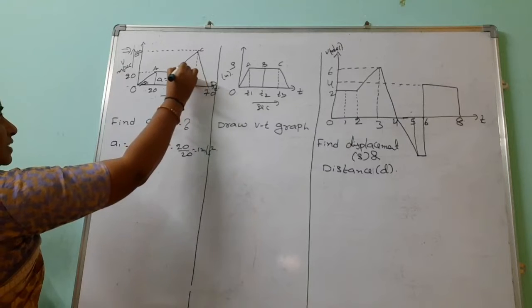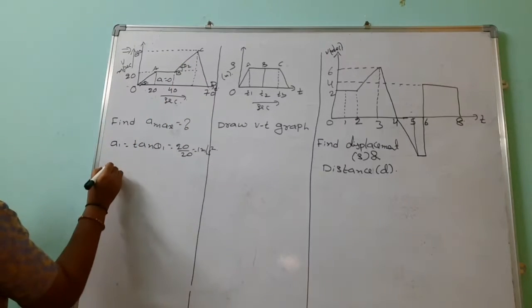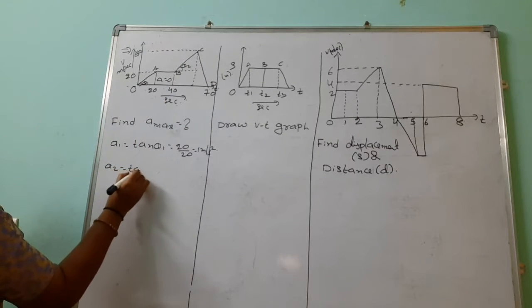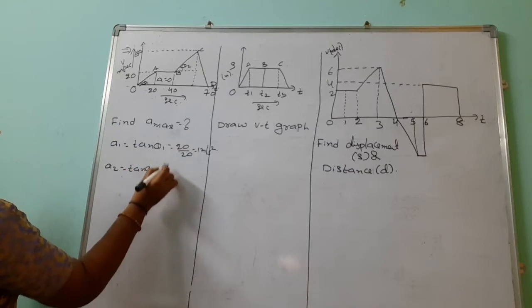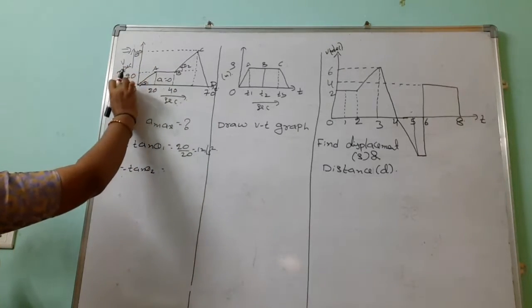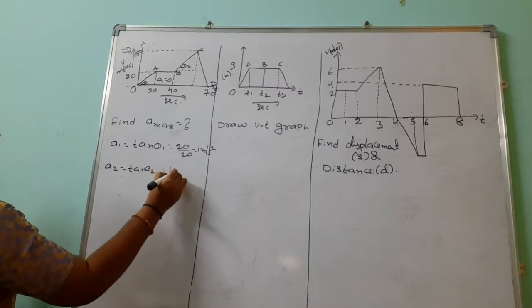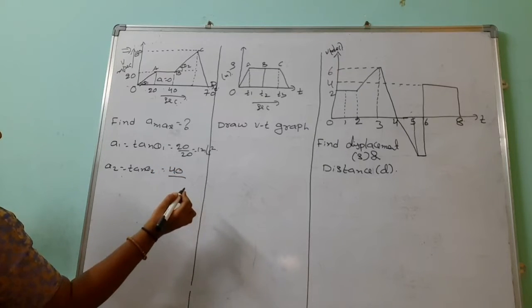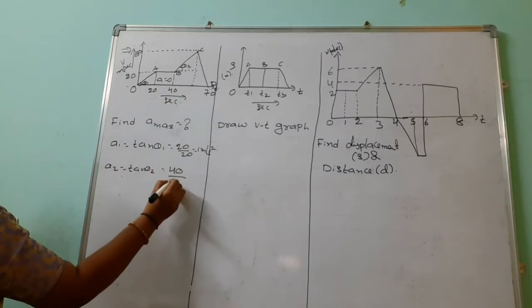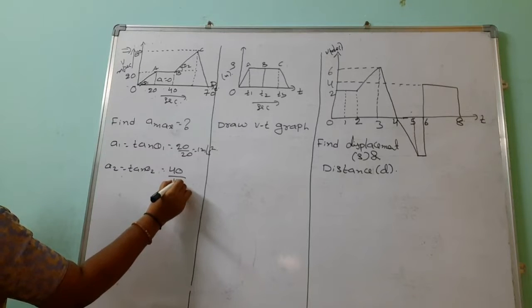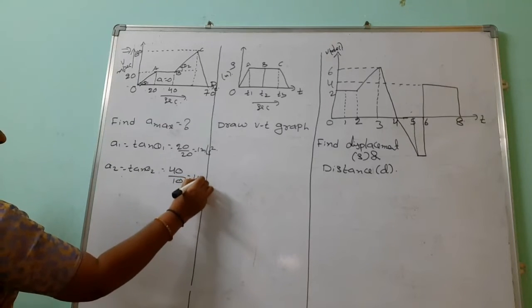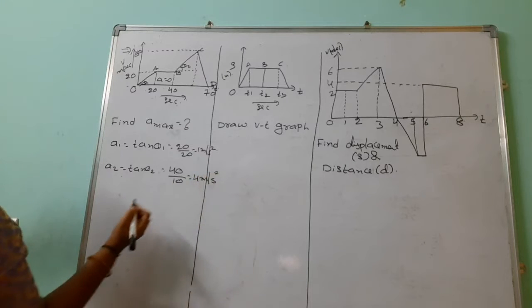What is the slope of this graph? We take this as A2. Tan theta 2 equals 60 minus 20, which is 40, and the adjacent is 10 seconds. So here acceleration is 4 meter per second square.